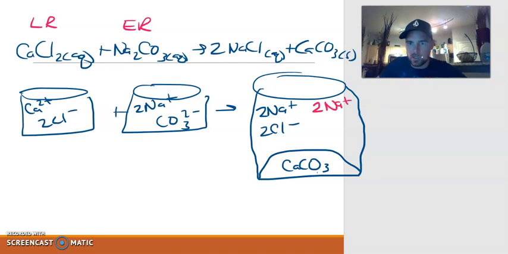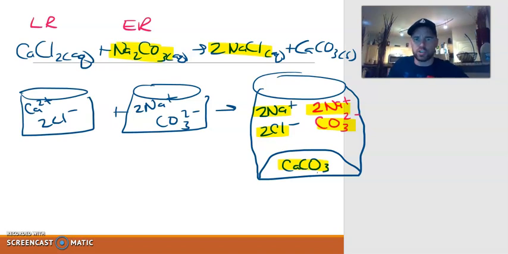You have the 2 sodiums, because it was 2 sodiums here, and then the carbonate. What I'm writing in pink is the excess reactant. So by drawing that in there, I'm showing, hey, not only do I have the precipitate and the spectator ions, which are represented there, but also you have the excess reactant. Whatever's the excess reactant would also be shown in there.